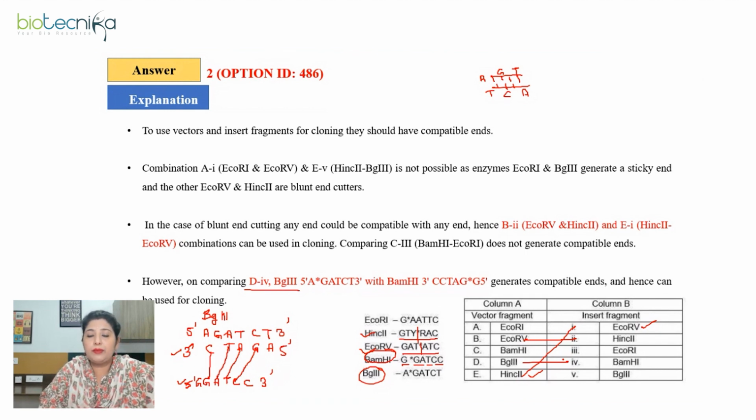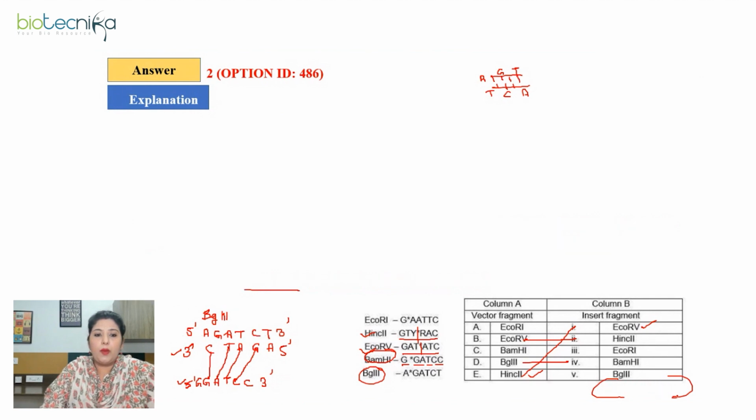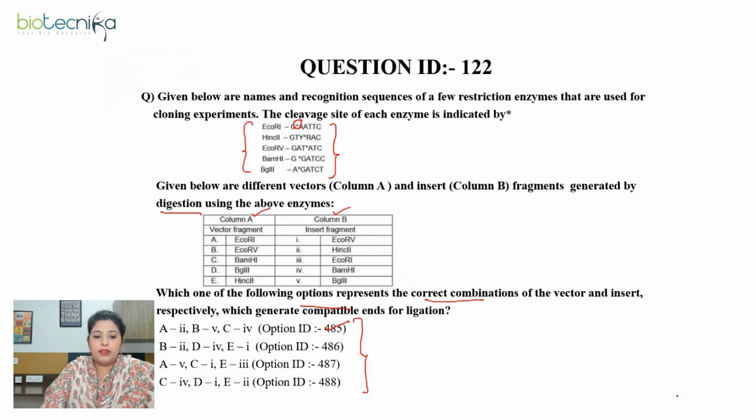Like these two enzymes can generate the compatible ends that can be used for cloning. Right? So the answer here will be option 2, because we should get this combination. So if you go through the options, this option is given over here in option 2 only, right?